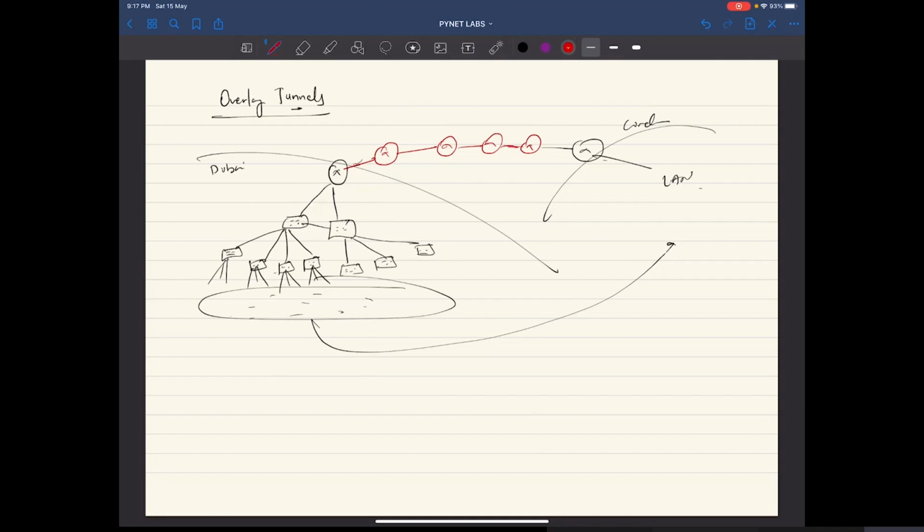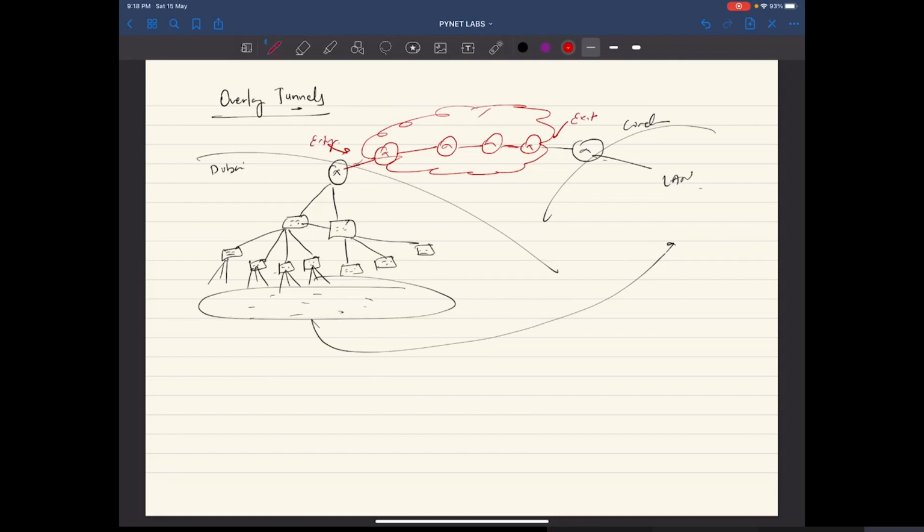That's how the ISP cloud is clustered together. And then you are directly connected to one of the ISP cloud routers, which is going to be your entry point, and that's going to be your exit point, right? Entry and exit, like that.